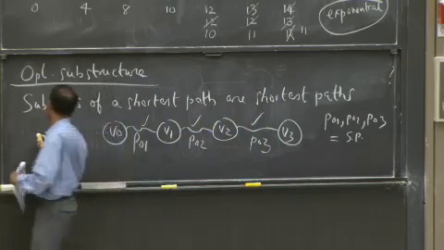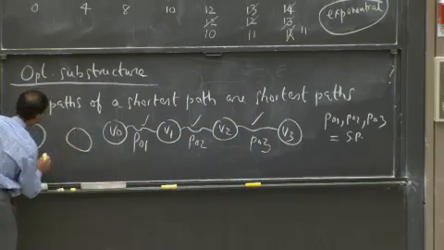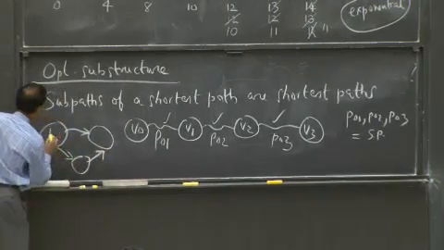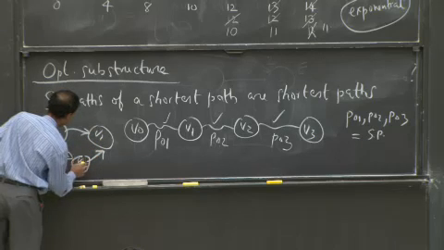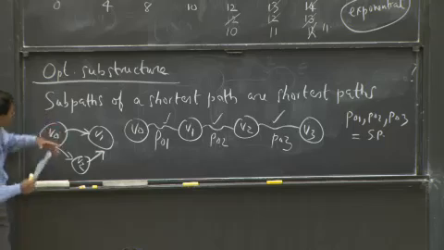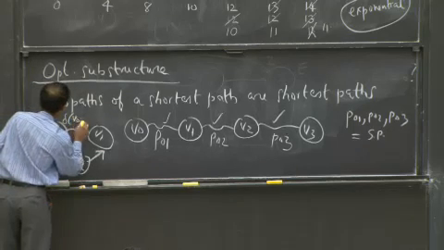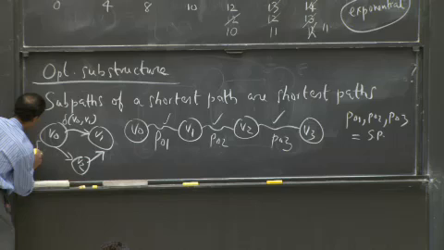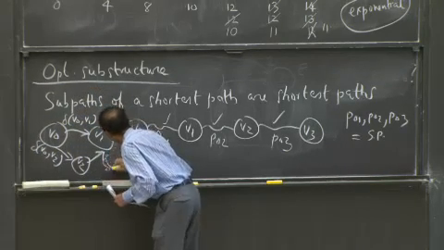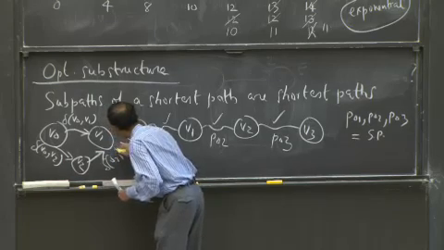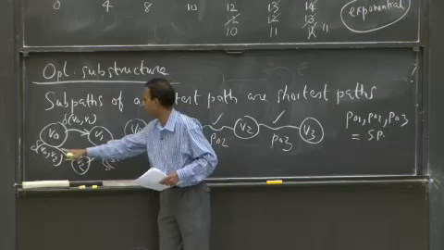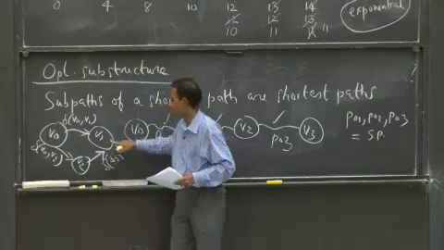And that simply says that if I have something like this, where I have V0, V1, and V2, then when I look at the delta value of V0, V1, and I compare that with the delta values of V0, V2, and V2, V1, then this has got to be smaller than or equal to this plus that.